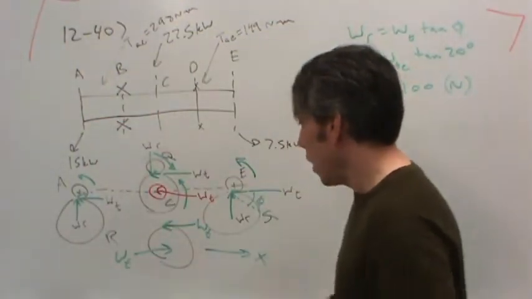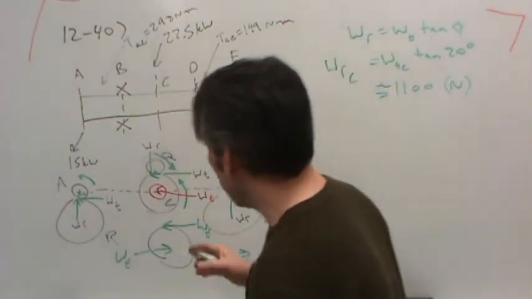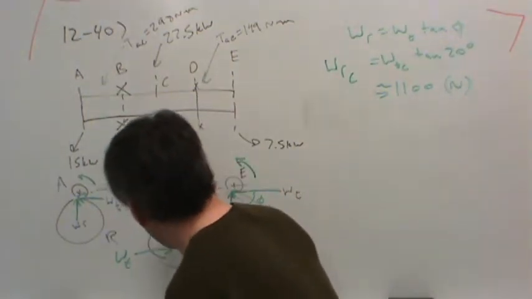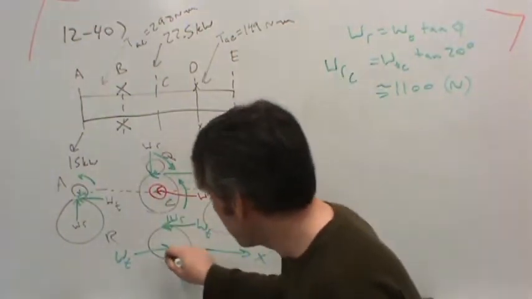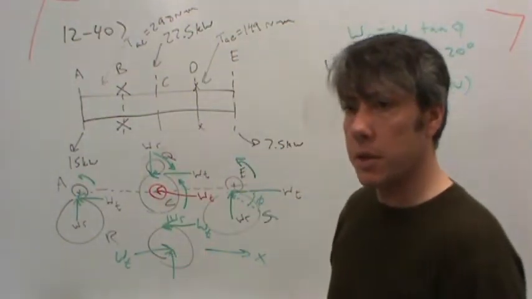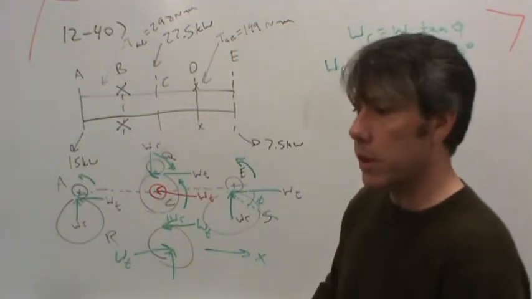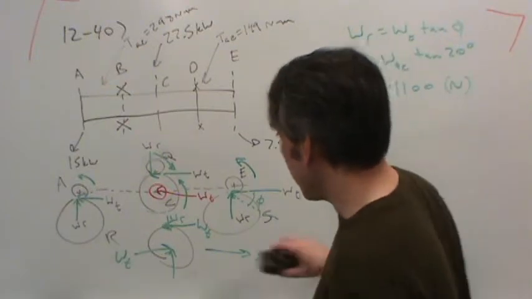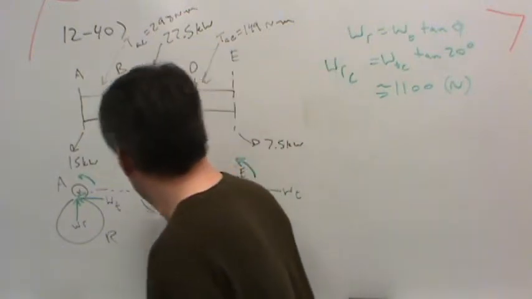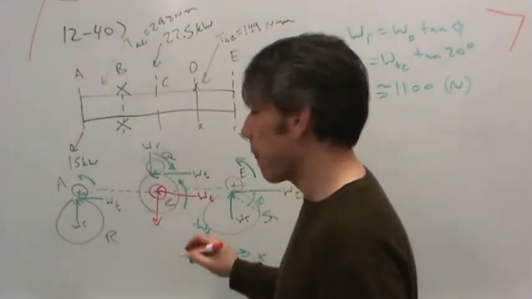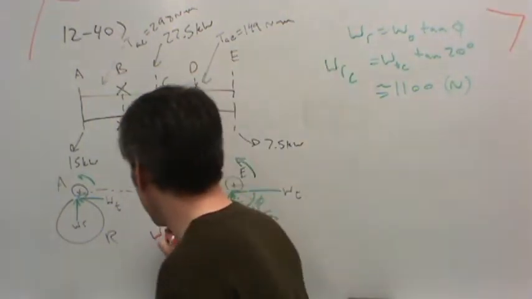Now, also, there's a radial load in this direction, so the shaft has to apply a load in that direction to the gear. So what that means is that the load on the shaft is like this. Does that make sense? And its magnitude is WR.